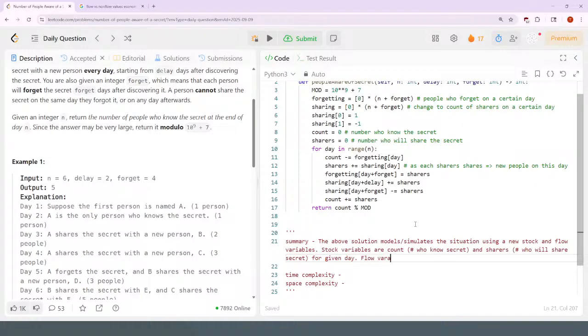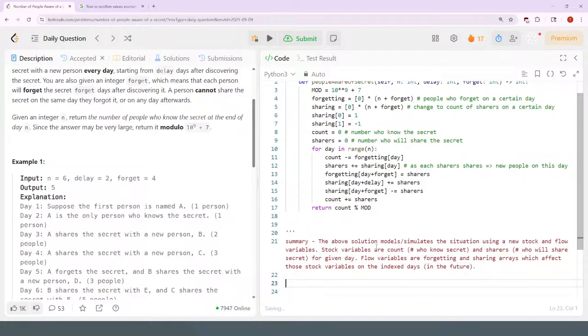Flow variables are forgetting and sharing arrays, which affect those stock variables on the indexed days in the future.